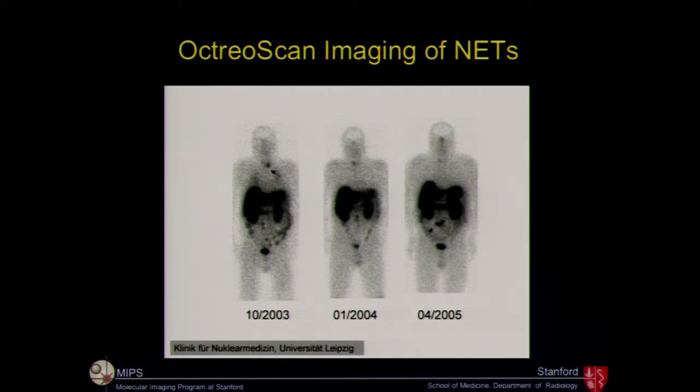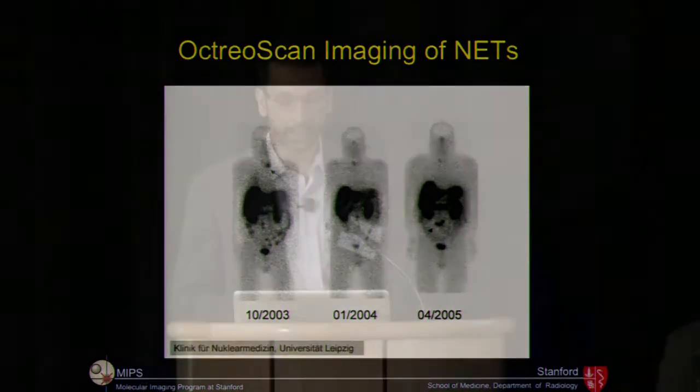And the focus of Dr. Yaguru's prior talk was to show how this can be transformed with PET imaging. My goal, again, is to talk about peptide receptor radionuclide therapy. That's what PRRT stands for.